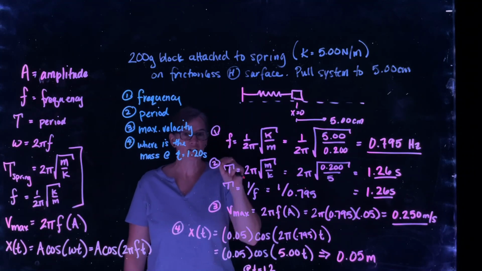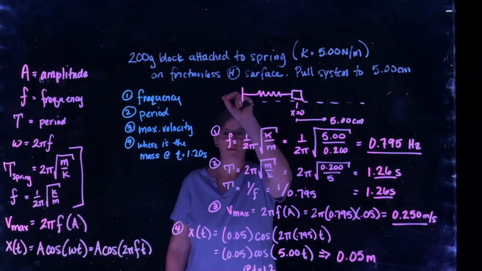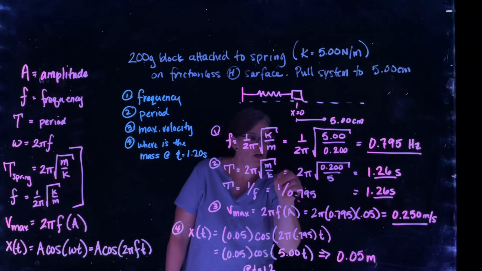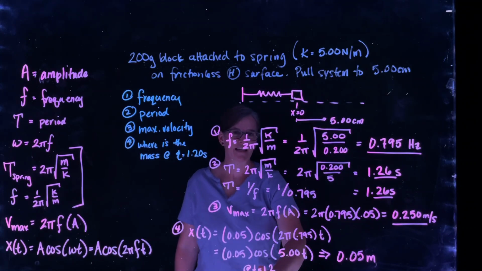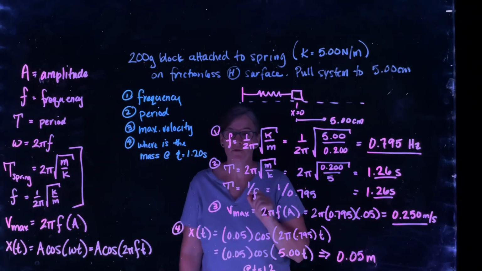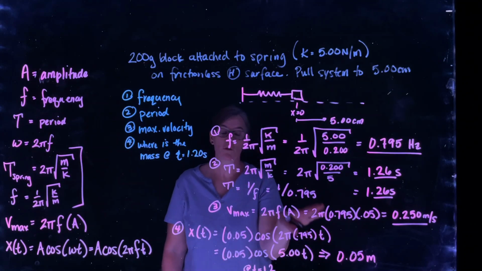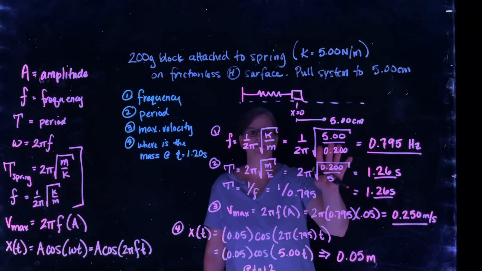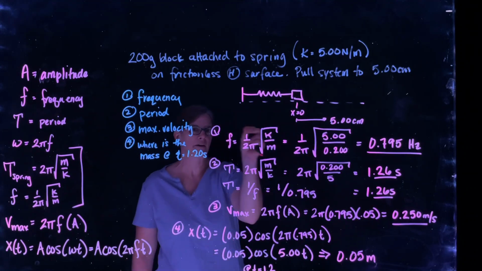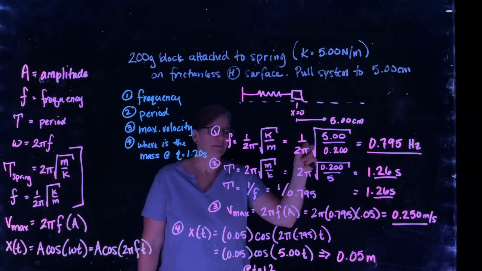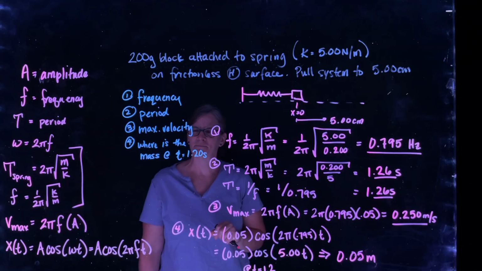So if I'm starting at 5 centimeters and I make a full cycle, I should be back pretty close to that 5 centimeters if the time of my period is similar to the time of the motion I was looking for. Now, we, of course, can solve for any time, but I wanted to use this to get that sense of, yeah, it should be consistent with what that period is. If I started at 5 and I make a full cycle, I should be really close to that 5 again.